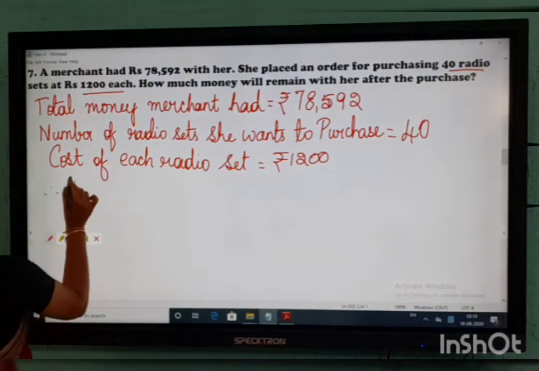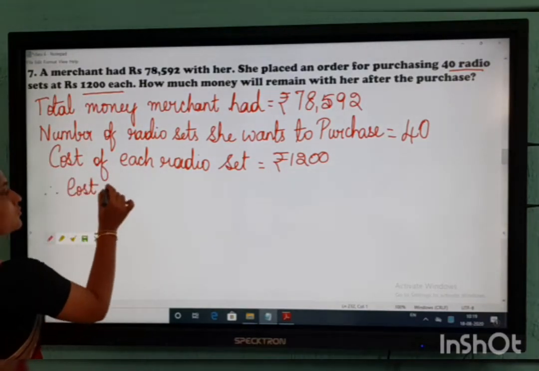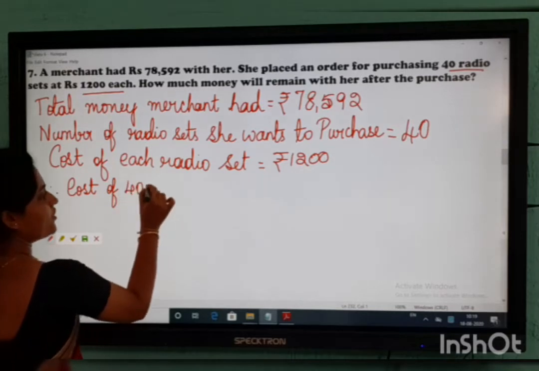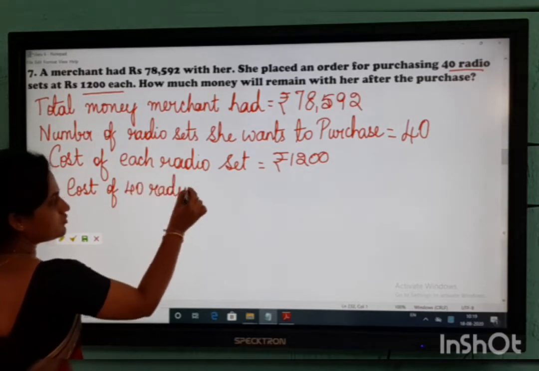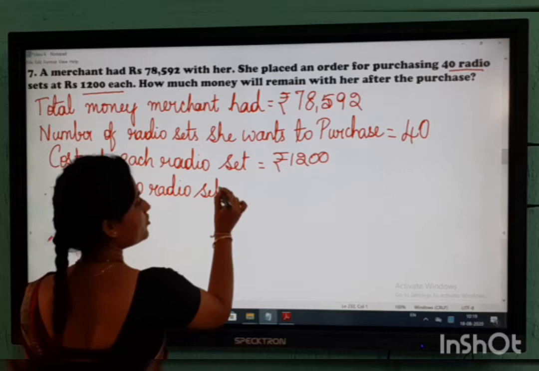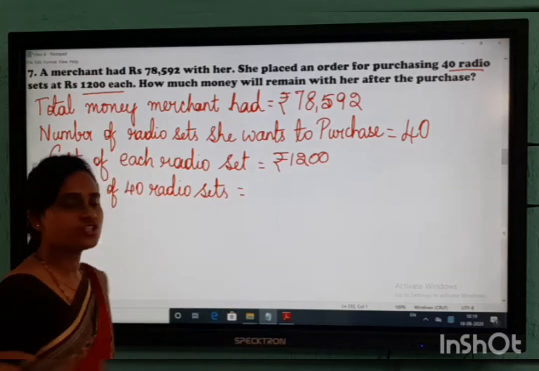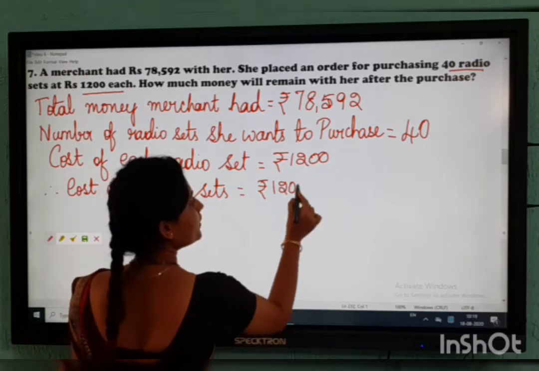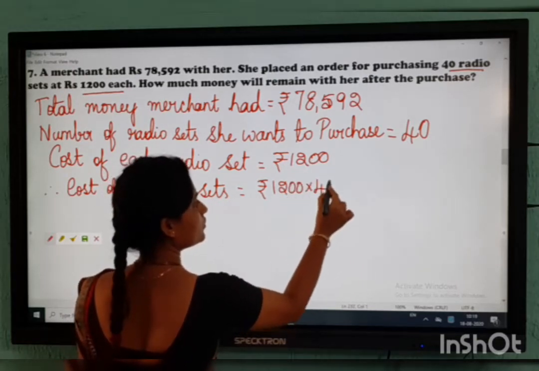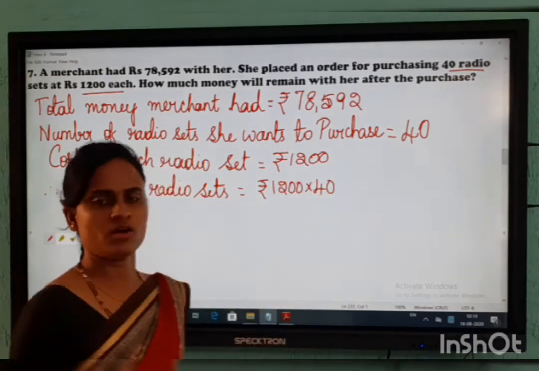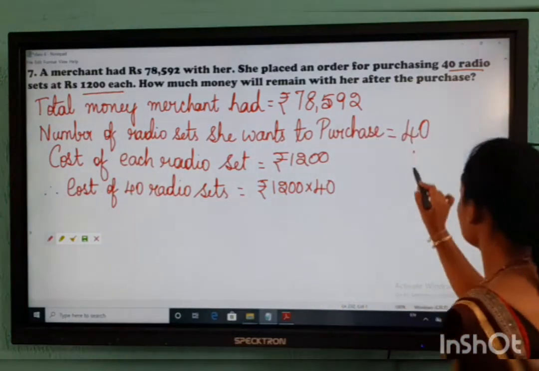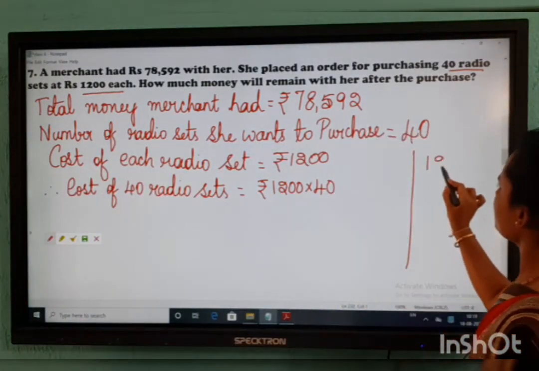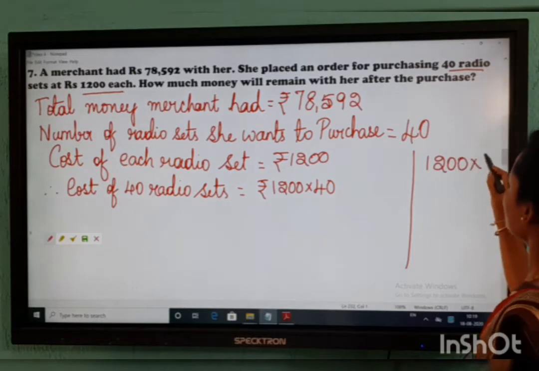Therefore, cost of 40 radio sets equals what should I do? Rupees 1,200 into 40. Understood till here, children? So we do the product, that is 1200 into 40.